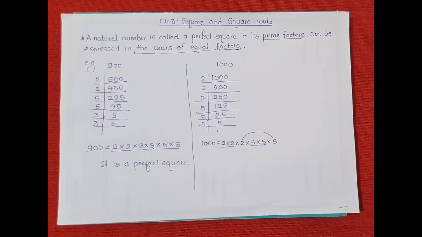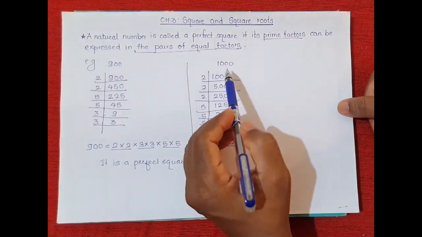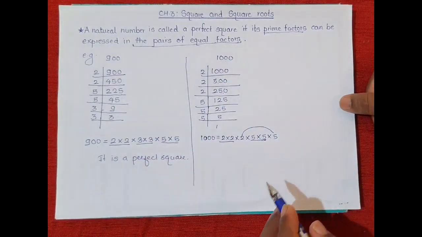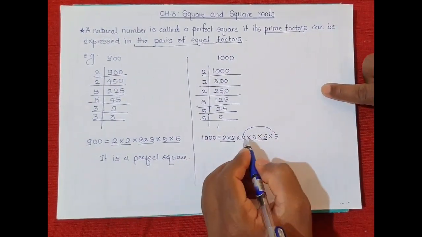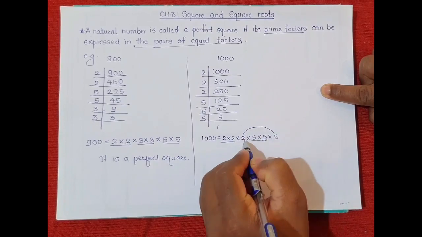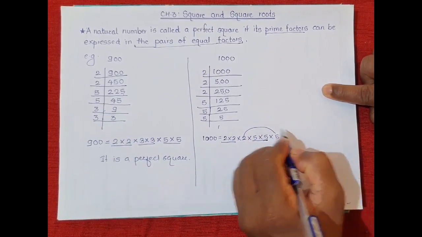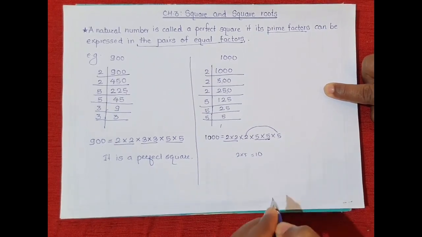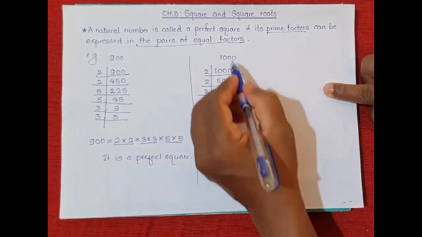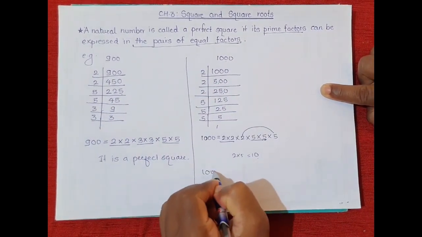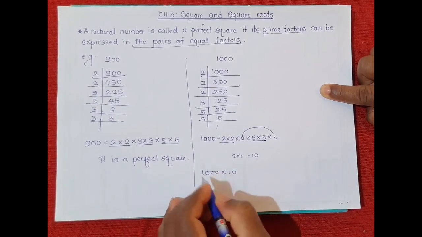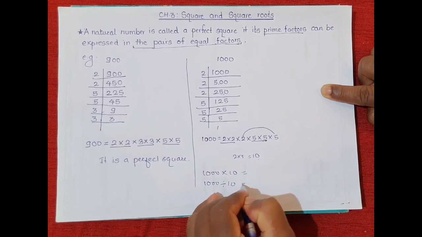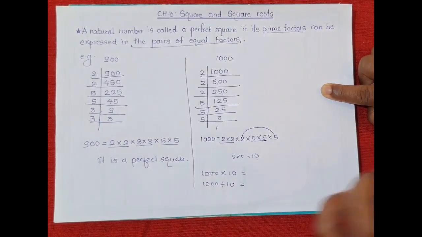Okay. Now if you want to convert this 1000 into a perfect square, then what we have to do, see which are the unpaired factors, 5 and 2. 5 and 2. So 2 5s are 10. Okay, so if you multiply 1000 by 10 or divide 1000 by 10, the number which we obtain will be a perfect square.